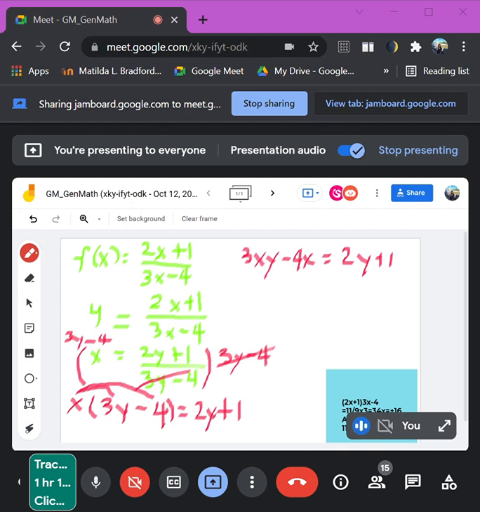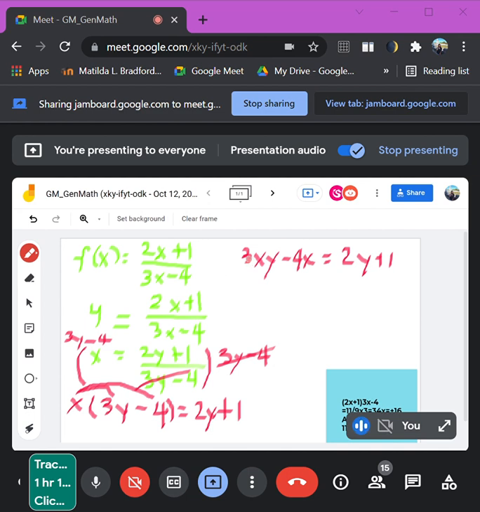Okay. And then, unsay sunod ani na sa teacher? We are going to separate ang katong, we have this one, the 3xy minus 4x is equals to 2y plus 1. So, atong buhaton is atong ipang kauban ang naay mga same niya.